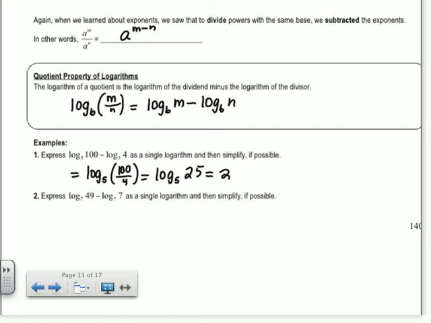You say 5 to the second power equals 25. Okay, the next one. So if I combine into one logarithm, it's log base 7 of 49 over 7, which is log base 7 of 7. So 7 to some power equals 7, 1, right.